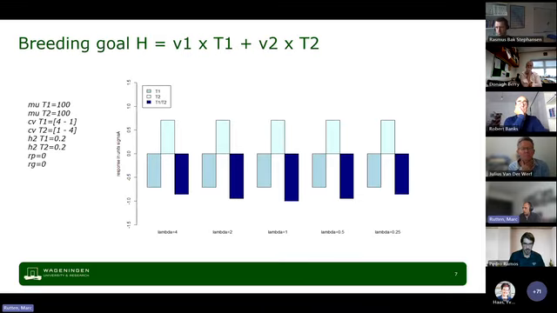So I will run you through these graphs I have presented in this way. You see 5 sets of blocks here from the left to the right, representing selection response in 3 traits. The gray one is T1. The light blue one is trait 2, and then trait 1 divided by trait 2 is the blue one.